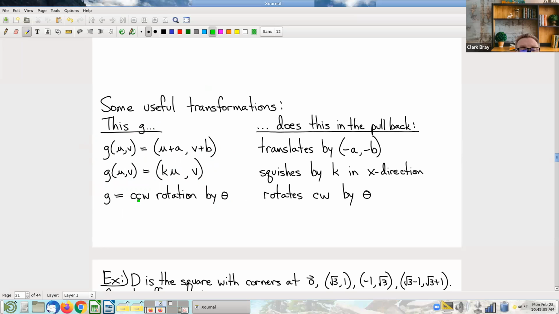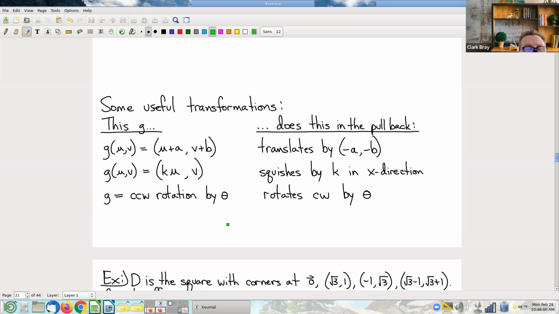So the point is, if your change of variables function is a rotation, that means that your output domain is a rotation of your input domain. Another way to say that is your input domain, the new domain that you're getting, is a backwards rotation of your output domain, right?